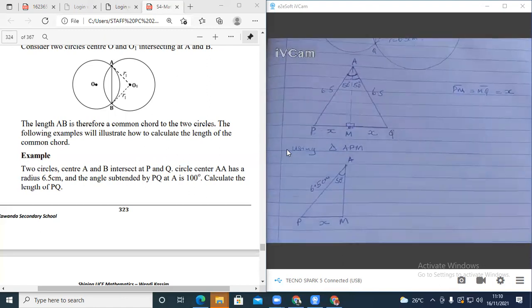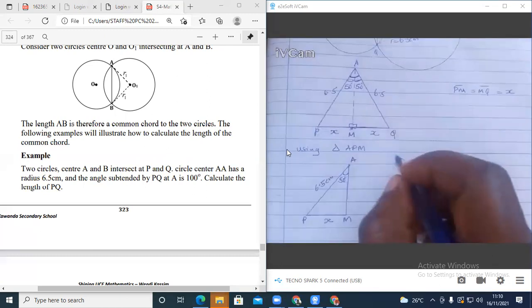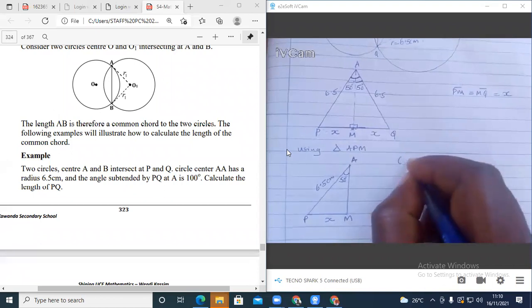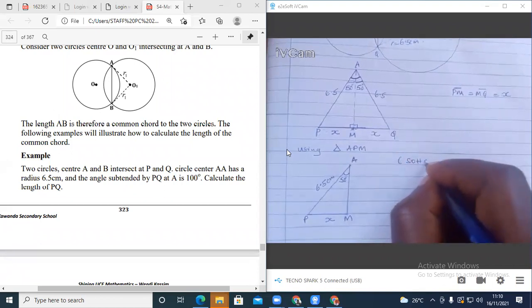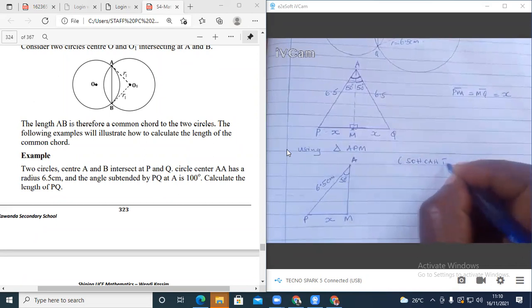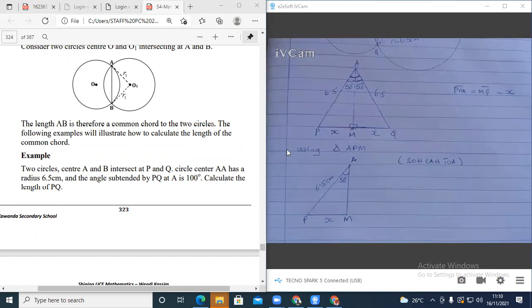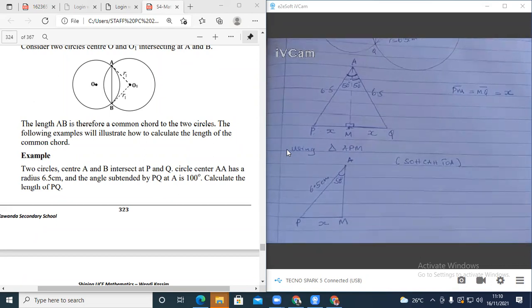Now I'm going to find X. What I want is to find X. So I can use this thing that you use, and from there I can select what I should use to find X. I'm asking you, what should I use to find X?